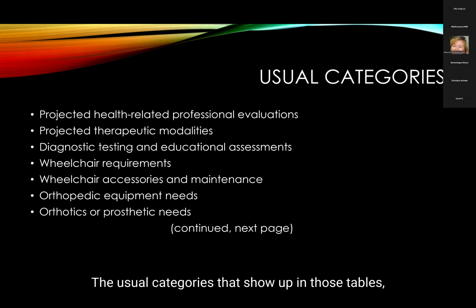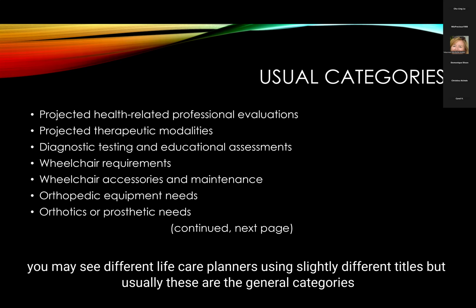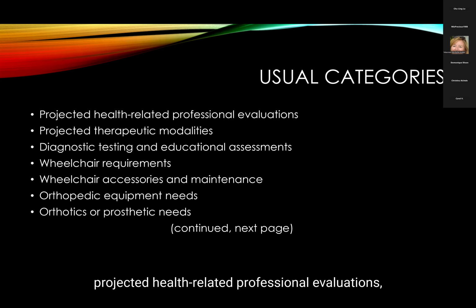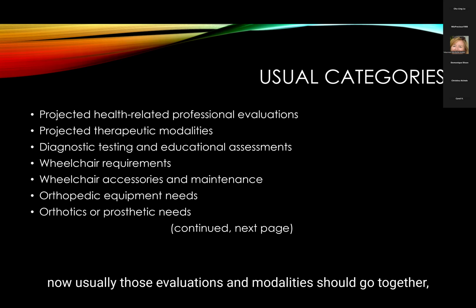The usual categories that show up in those tables. You may see different life care planners using slightly different titles, but usually these are the general categories. Projected health-related professional evaluations, projected therapeutic modalities. Now, usually those evaluations and modalities should go together.